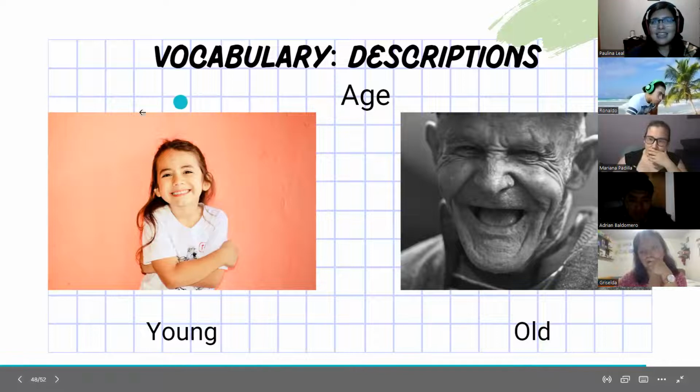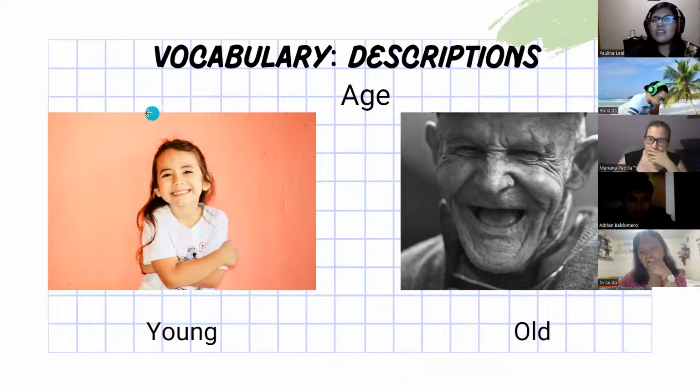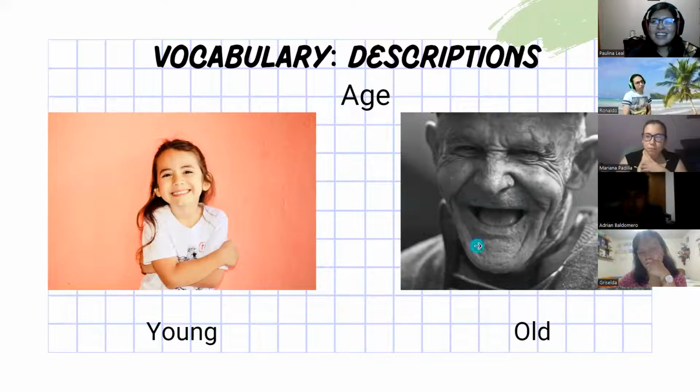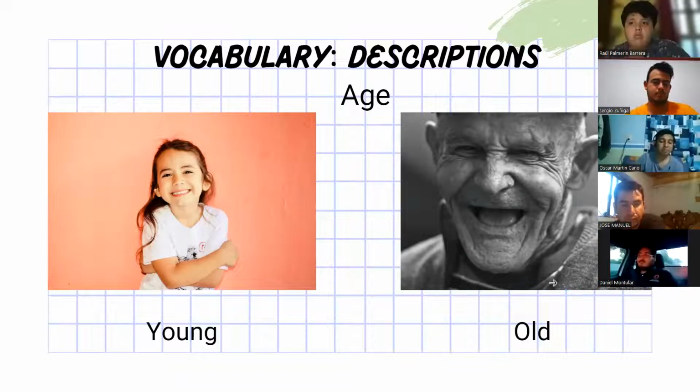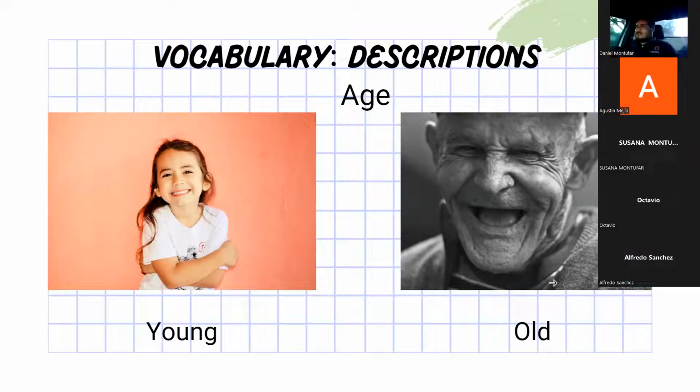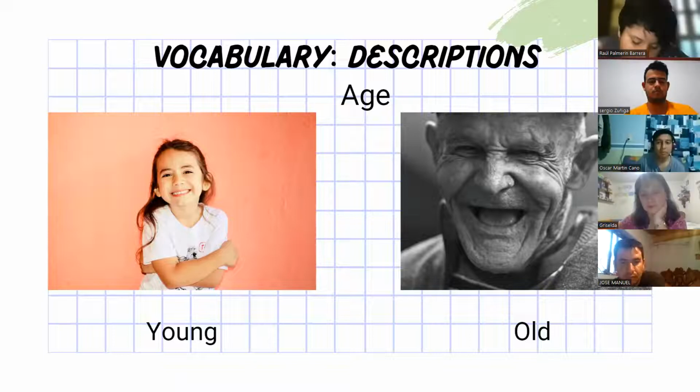So a kid, a child, is young. A grandpa or a grandma is usually old. Would you guys say you're old or young? What do you think? Young. Young, absolutely. Raúl, are you old or young?